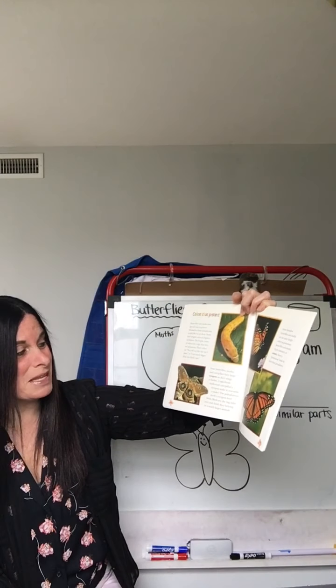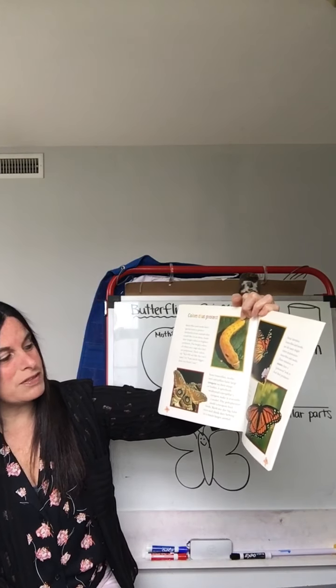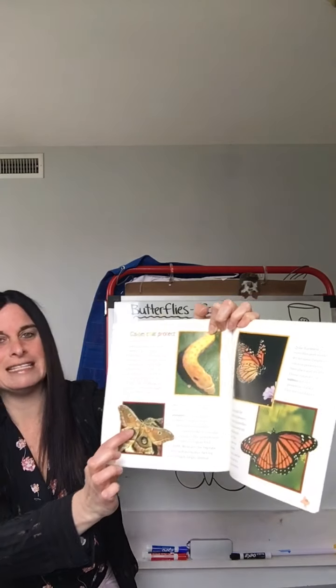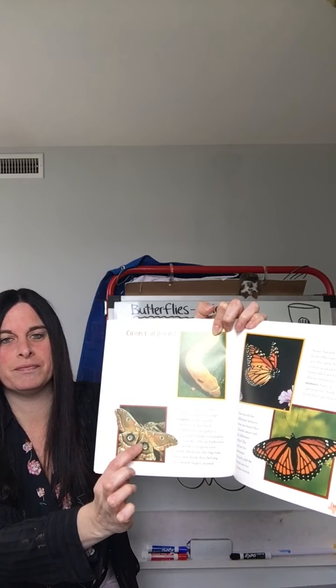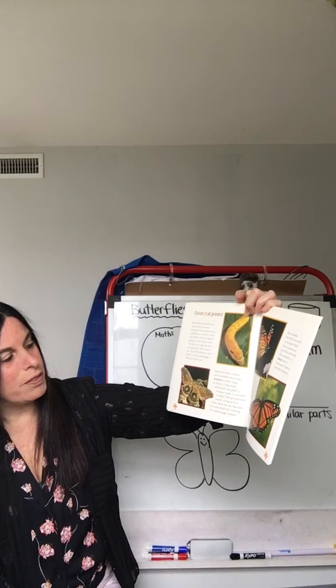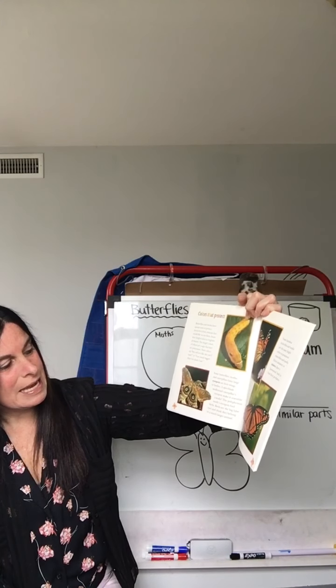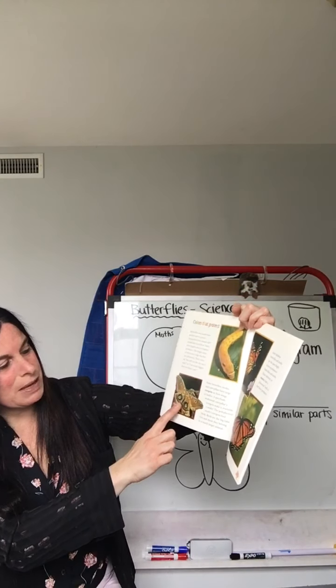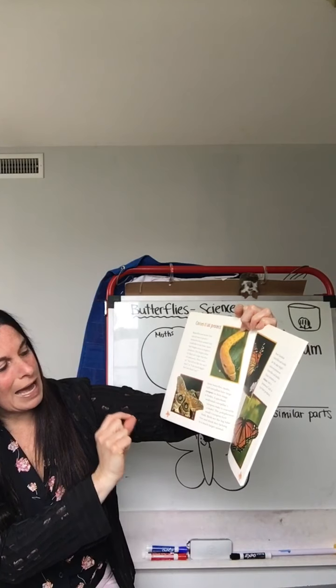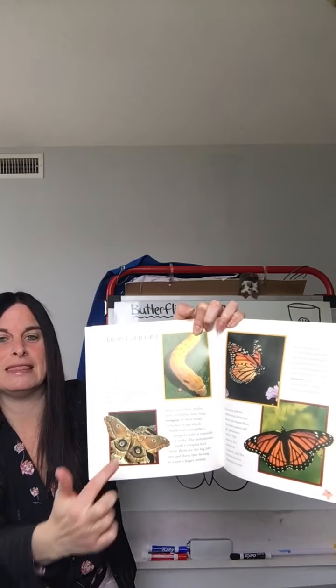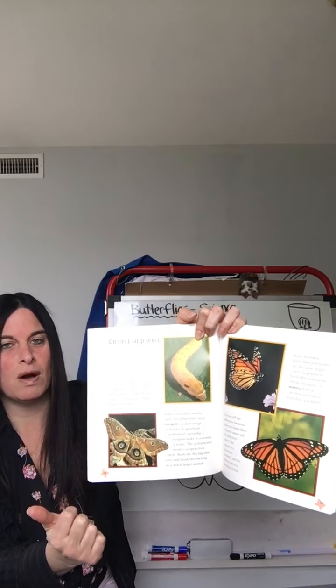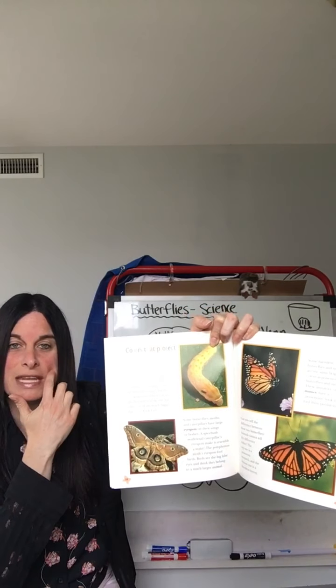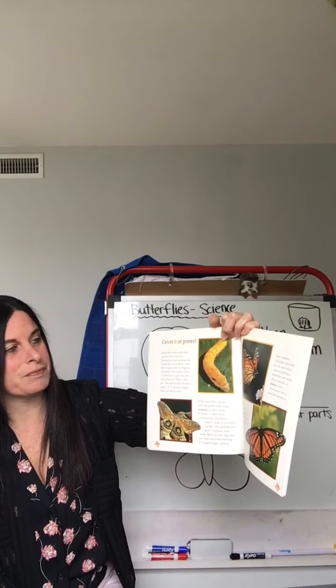So don't eat me. Some butterflies and moths and caterpillars have large eye spots right here and on their wings or their bodies. And this actually makes other animals think that this animal, like this moth, is actually larger than it seems. Okay.